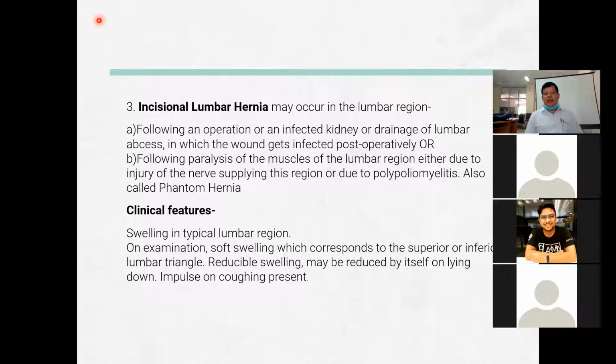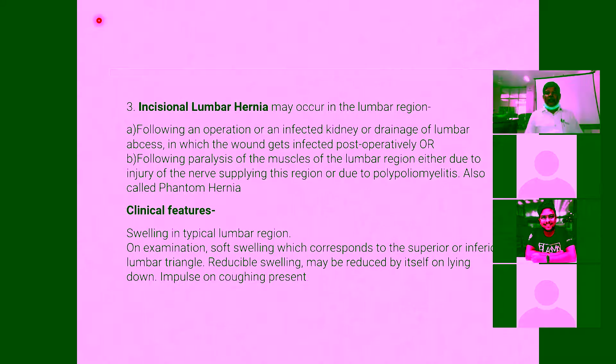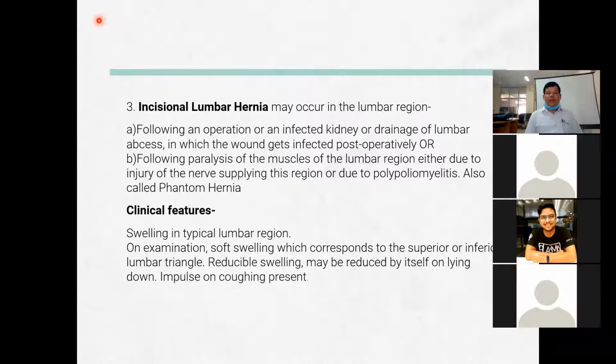And another variety, which is also acquired, not exactly incisional. There is paralysis of the muscles of the lumbar region, mainly the sacrospinalis muscles, upper part, lower part, latissimus dorsi, or laterally the external oblique or internal oblique muscles, weakening.